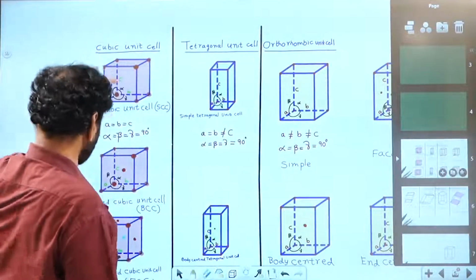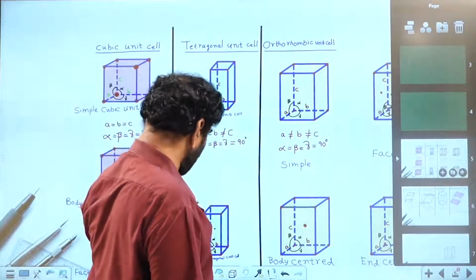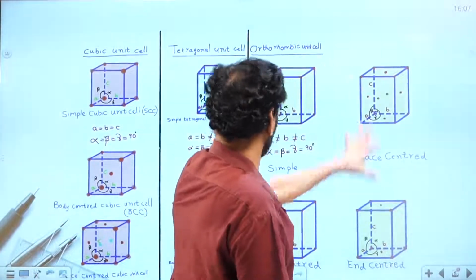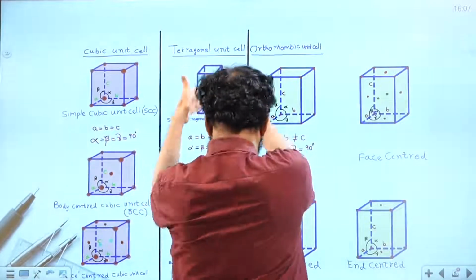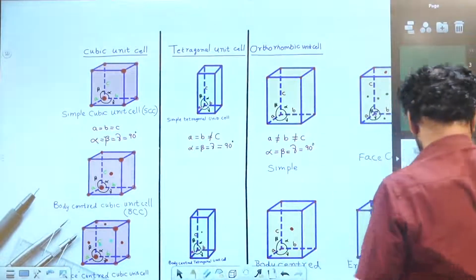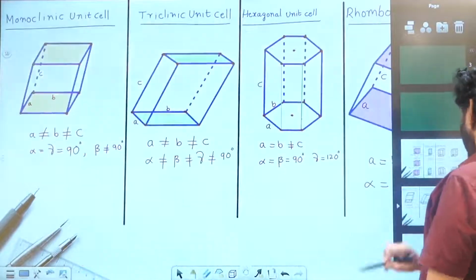For cubic, 3; tetragonal, only 2; and orthorhombic, 4. Total: 4 plus 3 is 7, 7 plus 2 is 9. So now if you come to the cell parameters.